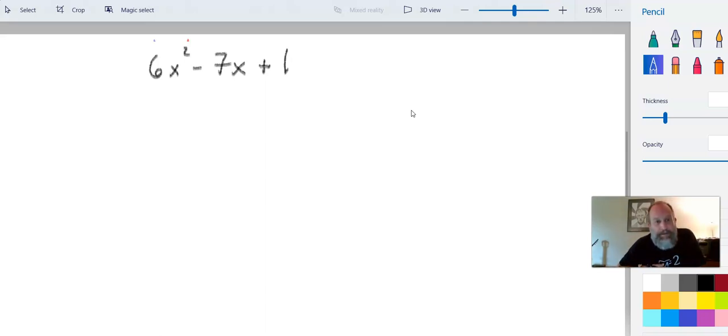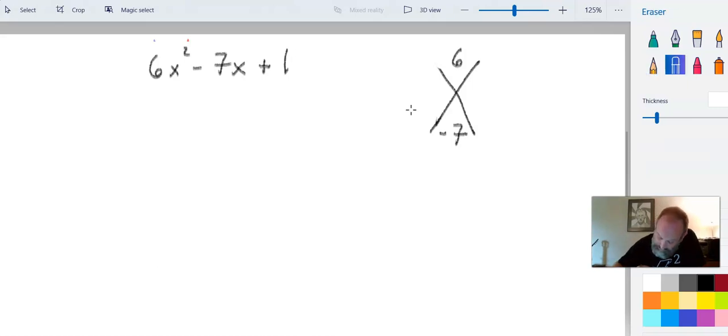Okay. Now, let's go ahead and walk through this process. So I see 3 terms, so I'm immediately going to go for my magic x here. My master product is 6 times 1, which is 6. And the sum I want is negative 7. In fact, that looks too much like I accidentally put a negative there.